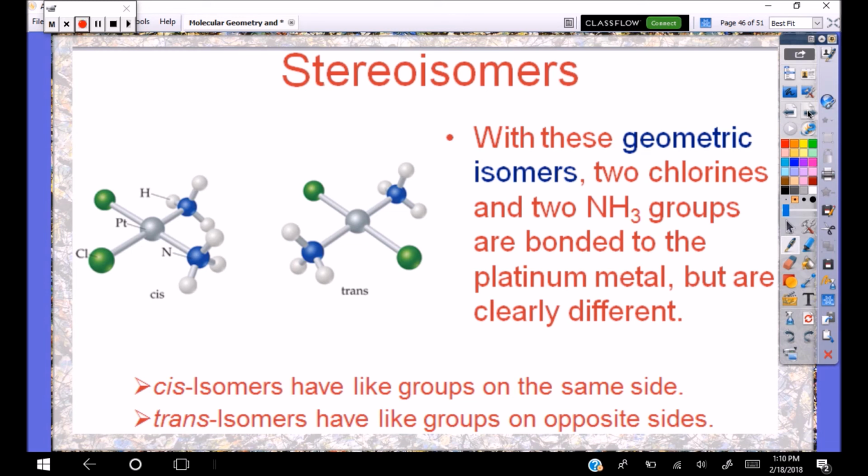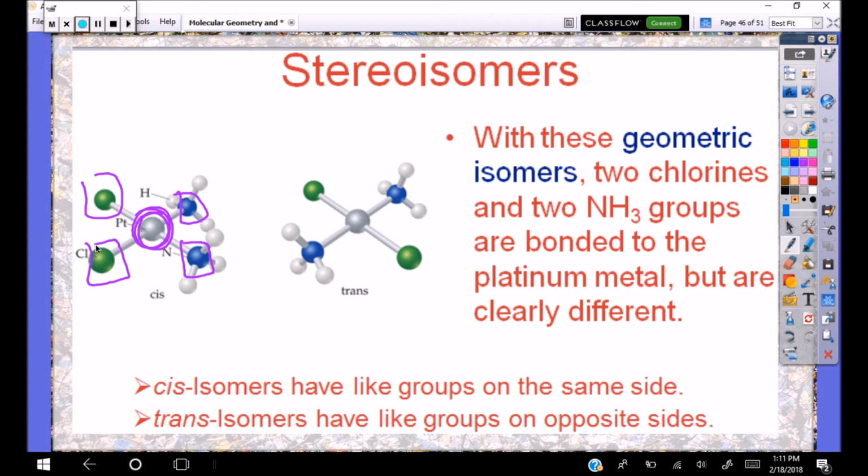So if we're looking at this as the central point here, we've got 2 chlorines and 2 nitrogens. When we have a cis isomer, the same type of atom is on the same side. So both of the NH3 groups are on the right side, both of the chlorine groups are on the left side.